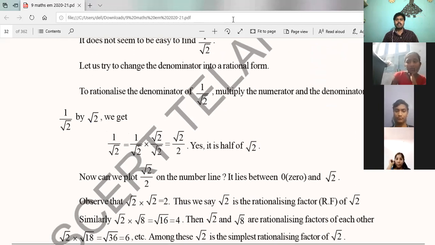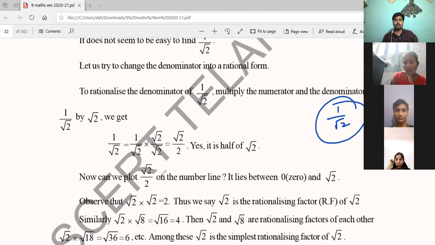Suppose you have 1 by root 2. What is the denominator? Root 2. That is an irrational number, right? The numerator is rational. Dividing a rational number by an irrational number is a little bit tough.